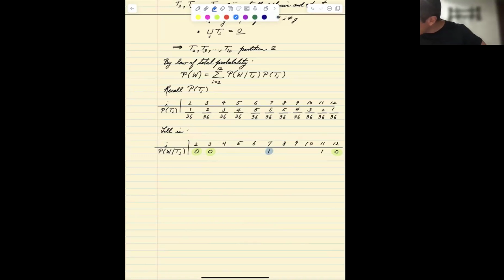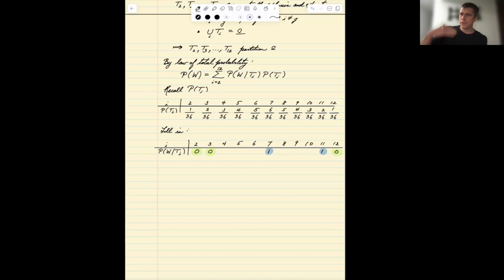Okay, so then the remaining question is, what's the probability that we win given that the point is established at 4, suppose, for example? Now this actually turns out to be pretty tricky. And so we have to think a little bit, how are we going to do this?